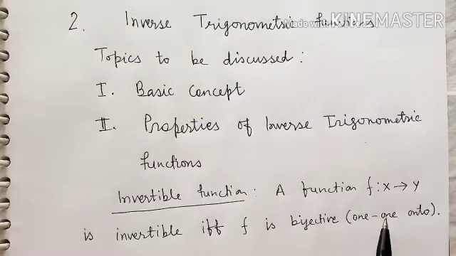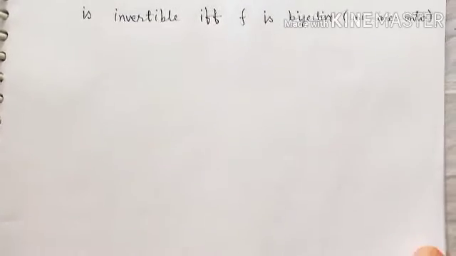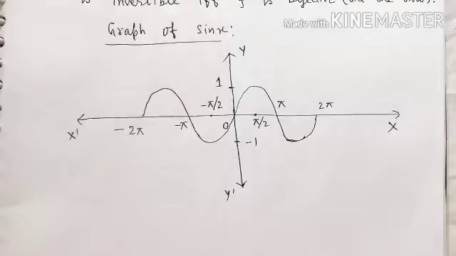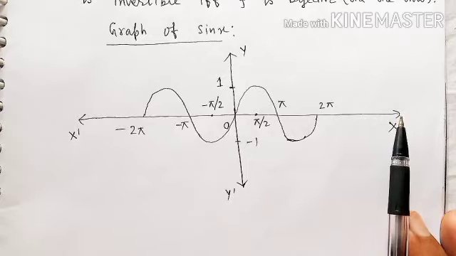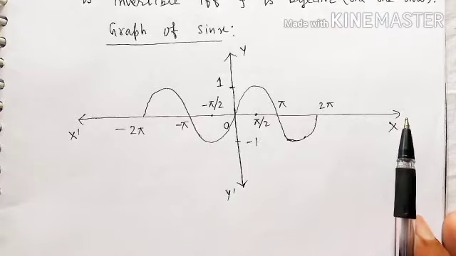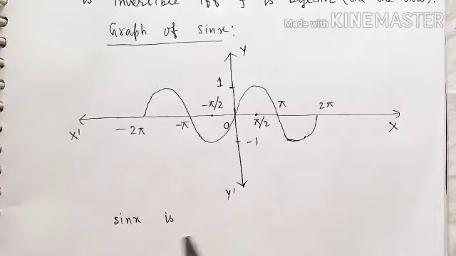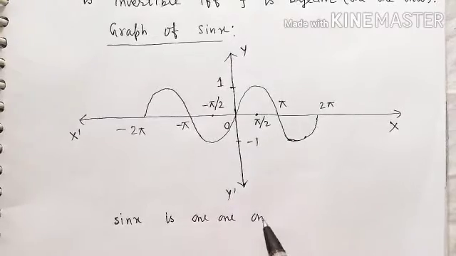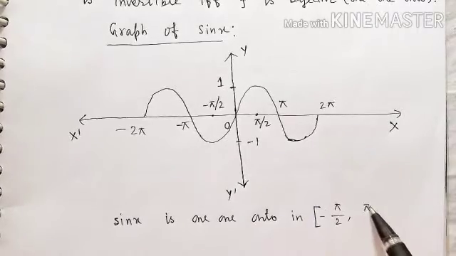So let us start with sine inverse x. For that we have to draw the graph of sine x. This is the graph of sine x. Here we can say that sine x is one-one and onto in the interval minus pi by 2 to pi by 2.